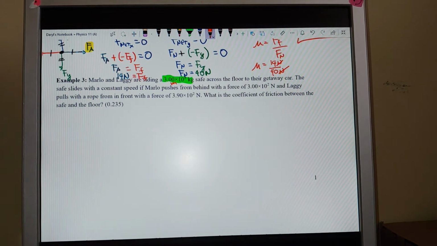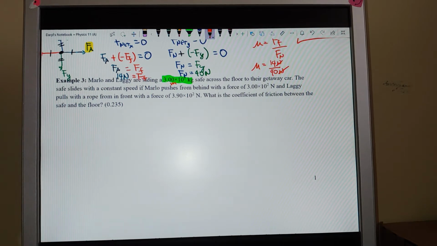The safe slides with a constant speed. If Marlo pushes from behind with a force of 3 times 10 to the power of 2 newtons, and Laggy pulls with a rope from in front with a force of 3.9 times 10 to the power of 2 newtons, what is the coefficient of friction between the safe and the floor?